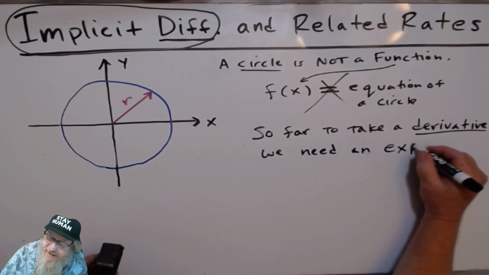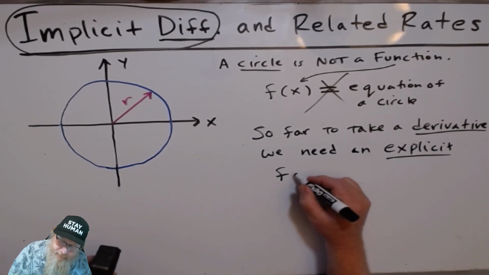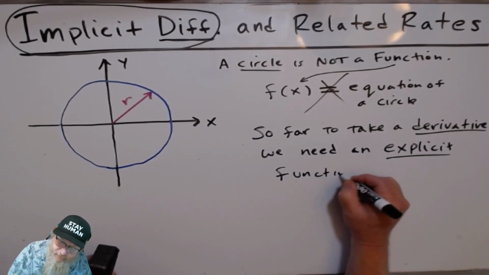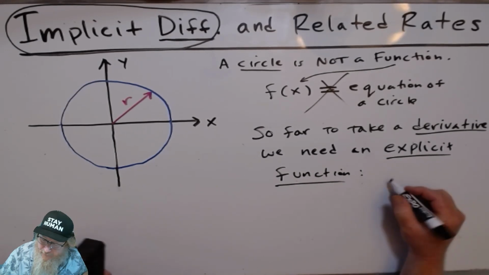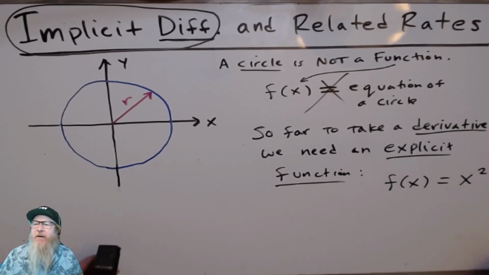That's called an explicit function. For example, something like this, f of x equals x squared.